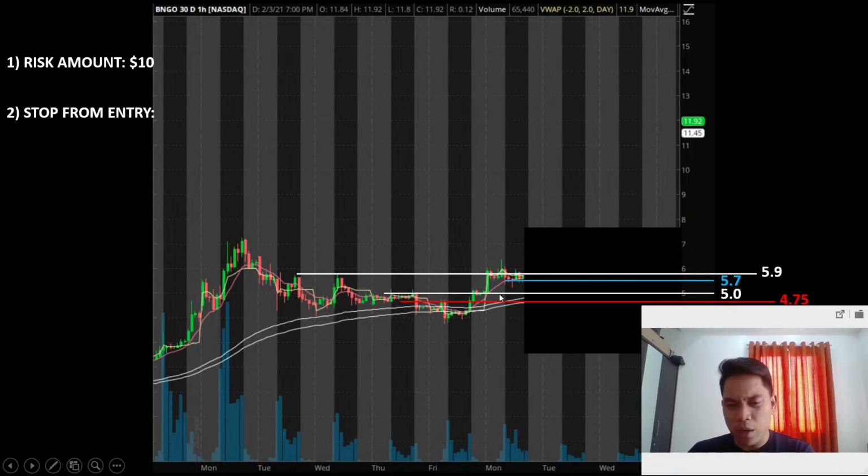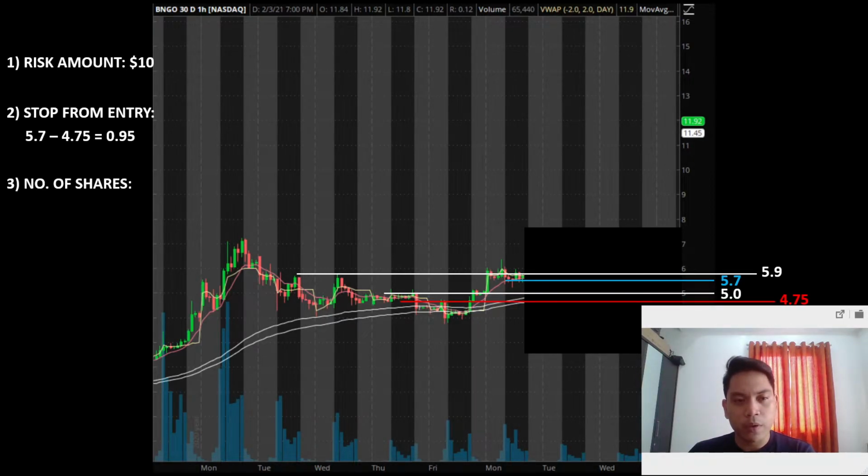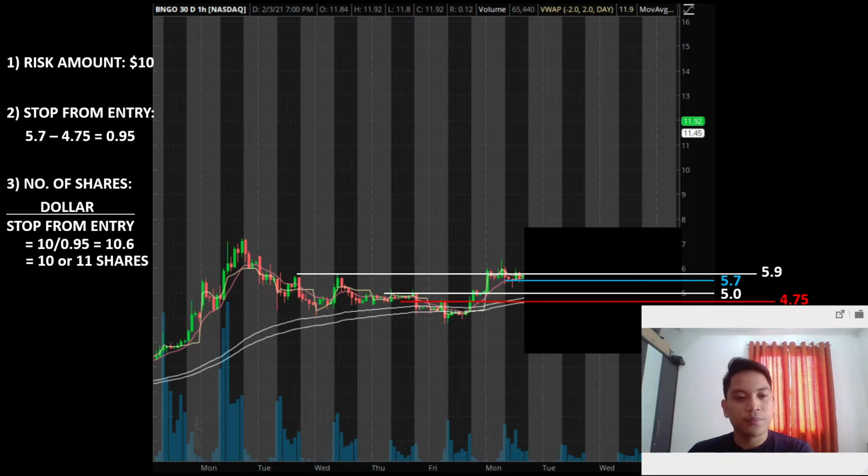As you can see, our obvious support is 5, but we have a consolidation here after our support level, so we have at least another cushion in case it consolidates around that area. So we put 4.75, so that's 5.7 minus 4.75, so it's $0.95. Dividing 10 by that, it's 10.6, so you can buy 10 or 11 shares.